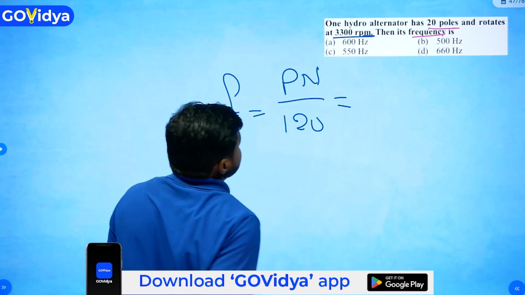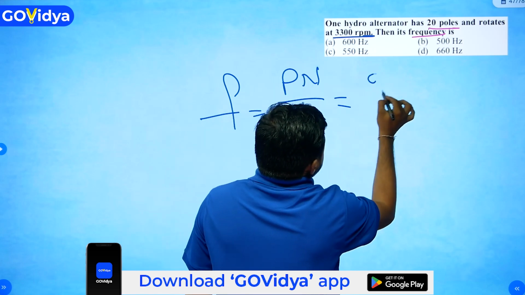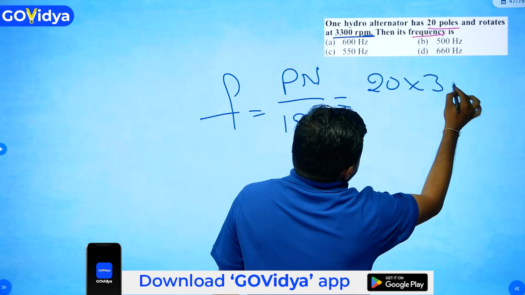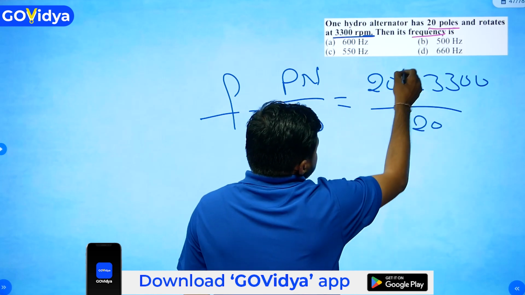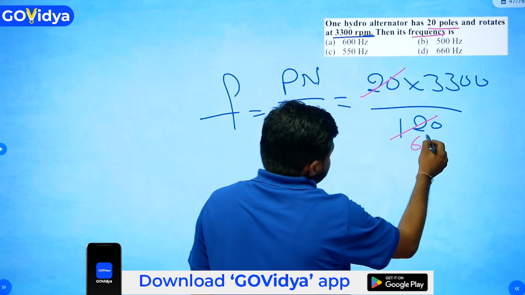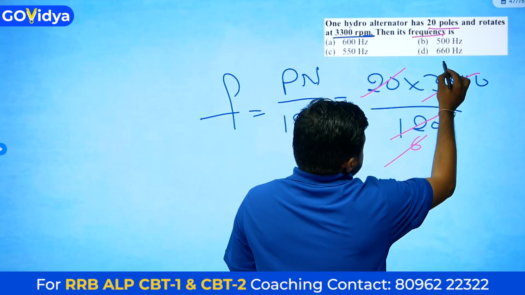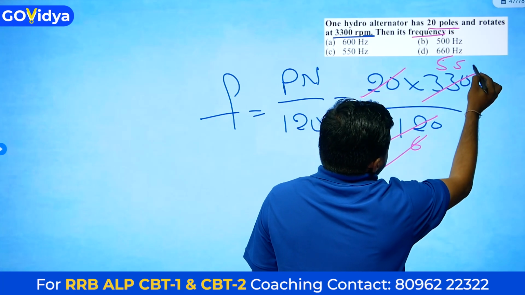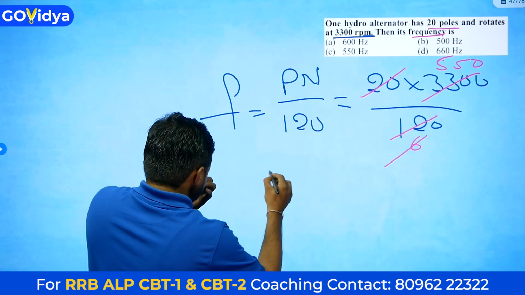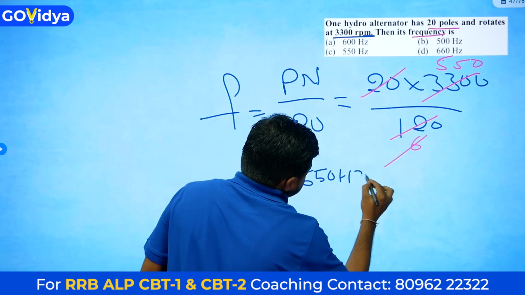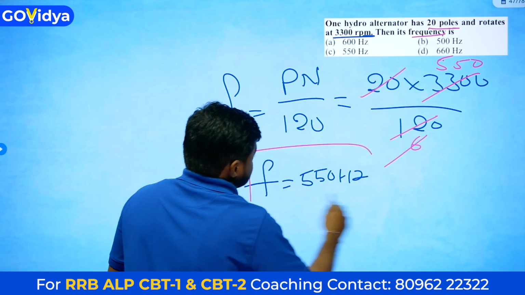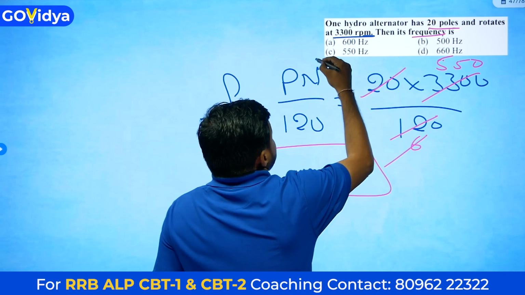P is number of poles is 20, speed is 3300 by 120. Frequency is 550 hertz. Option C is the correct answer.